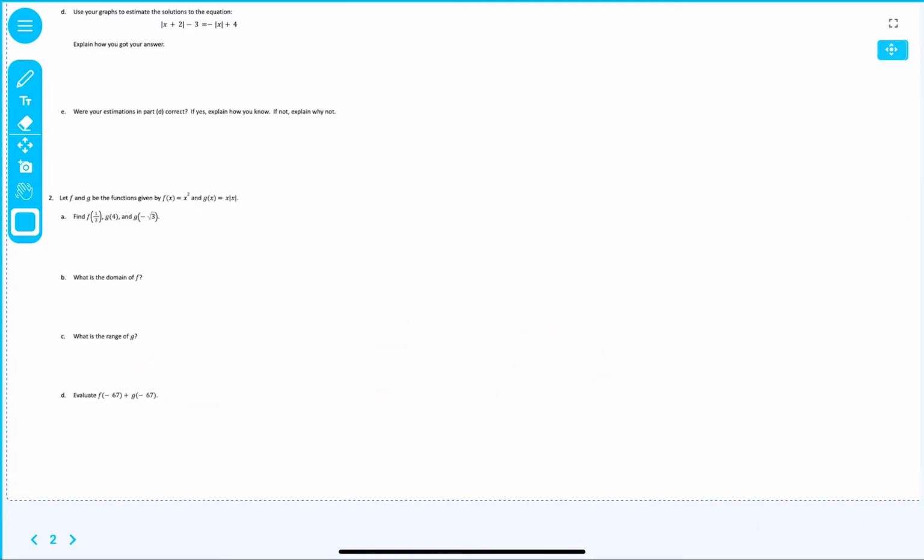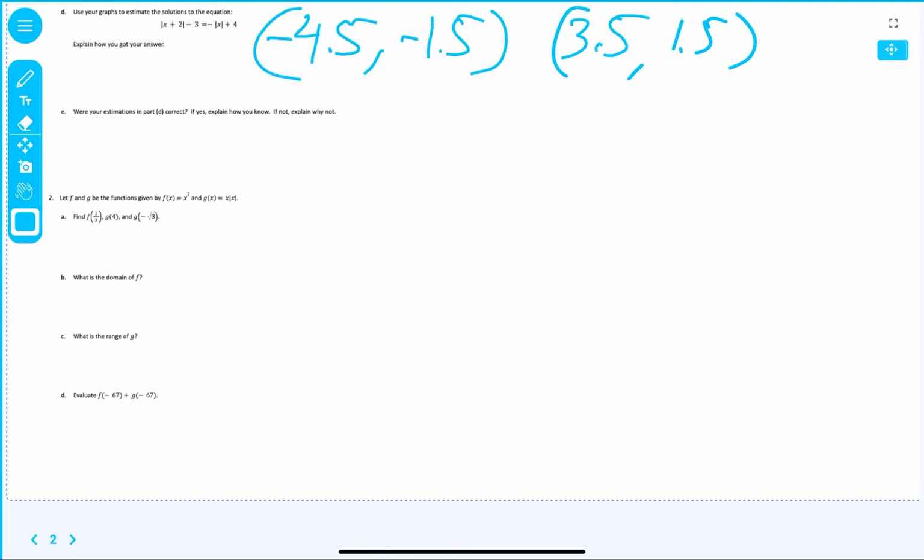If we estimated, we would have negative 4.5, negative 0.5, and then 3.5, 1.5, if we just guessed, just by looking at the graph.